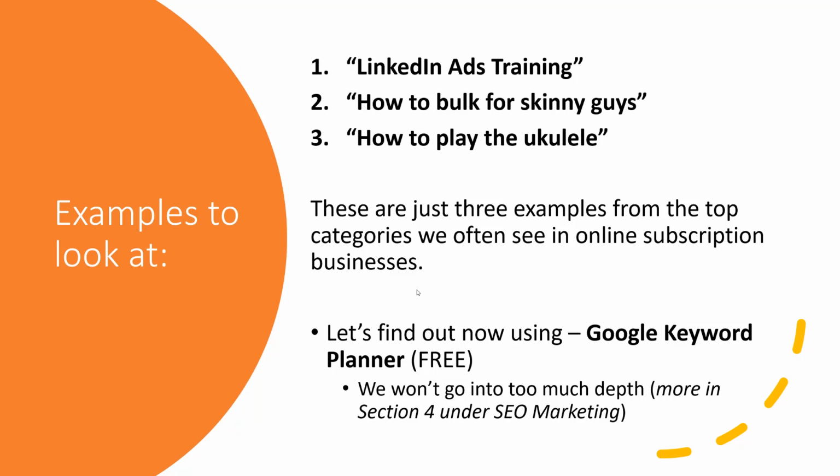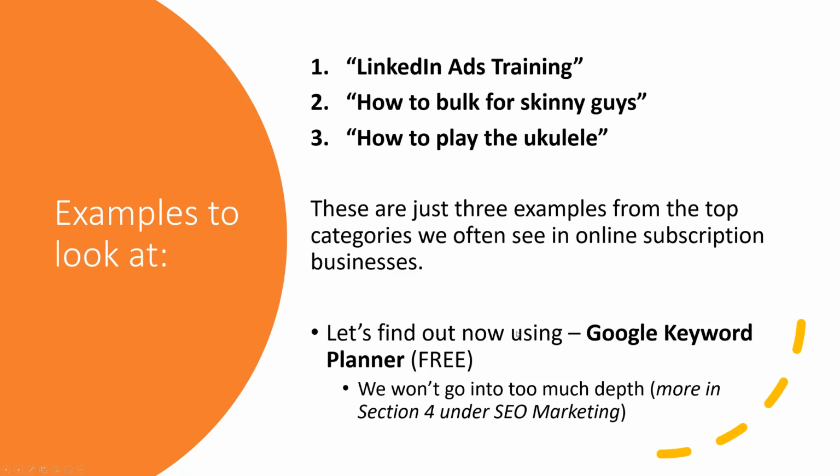You can even consider that educational. These are just some random categories, and we're going to use Google Keyword Planner to understand exactly how many people are searching for these main keywords, which would be LinkedIn ads training. That's just a keyword on its own. Bulk for skinny guys, and then play the ukulele.